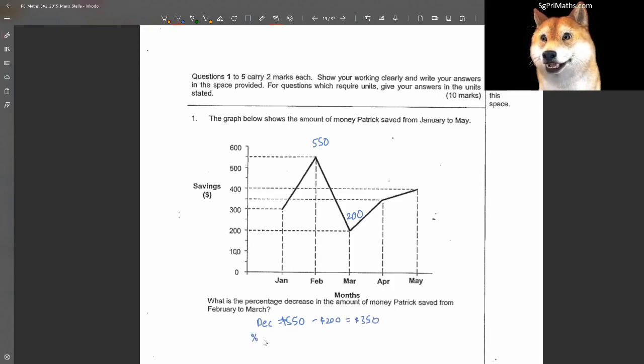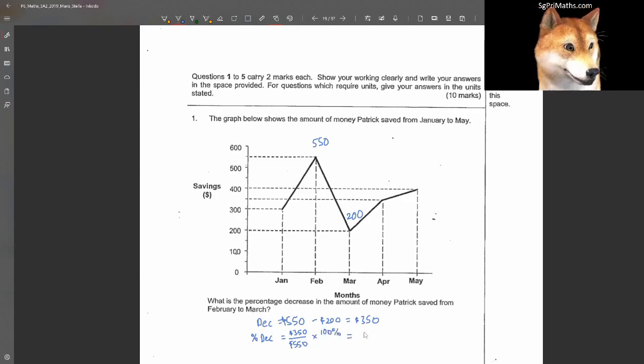Then the percentage decrease equals the decrease itself, which is $350, divided by the previous month, which is February, $550, and then the fraction multiplied by 100%. This will give you 63.64%. That's it.